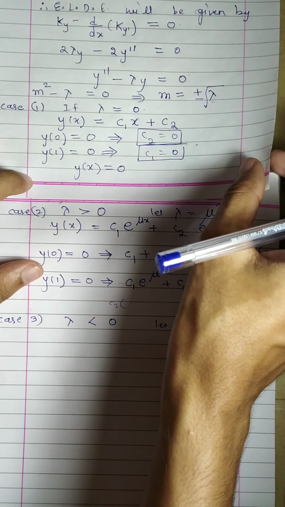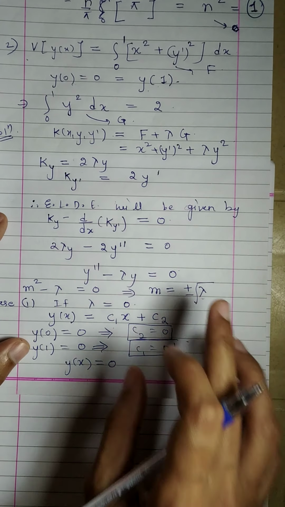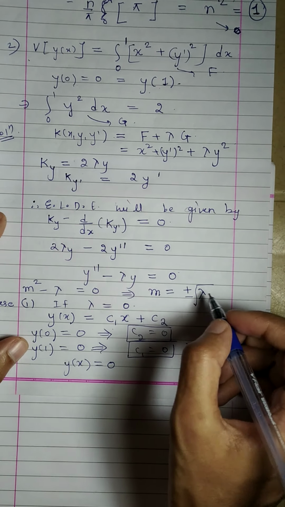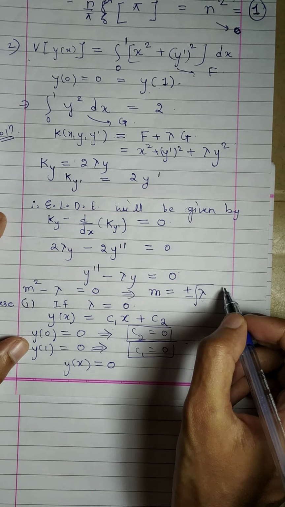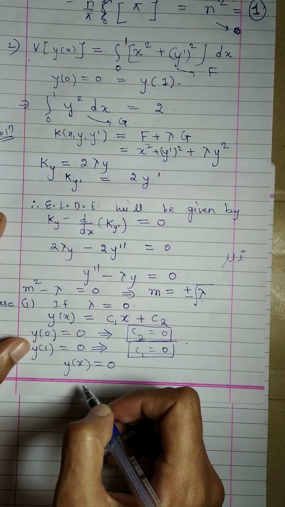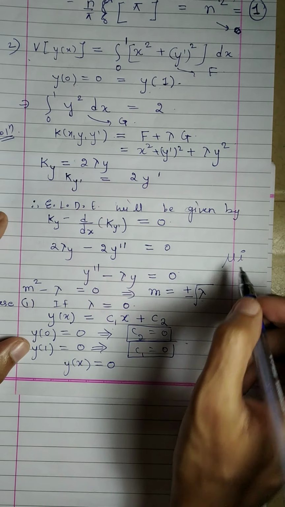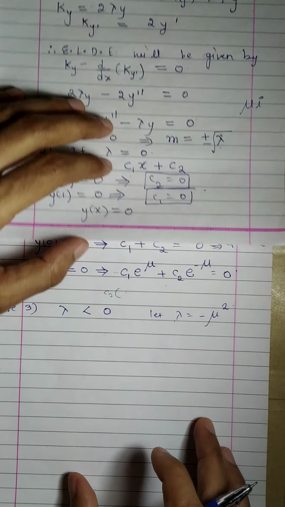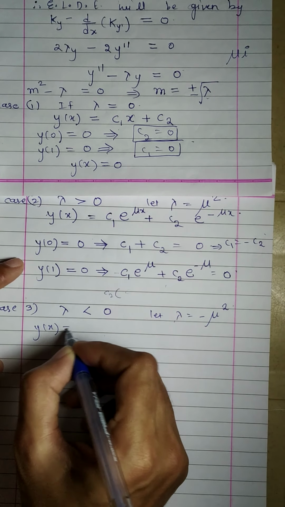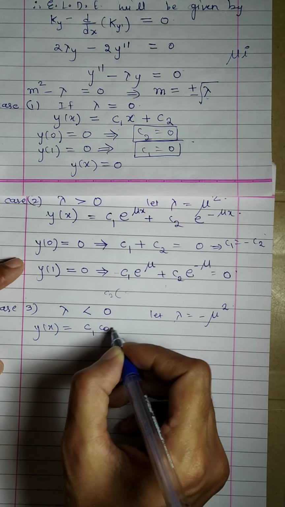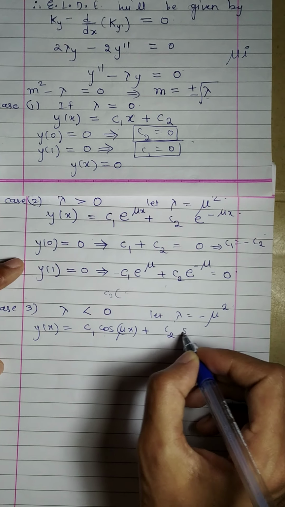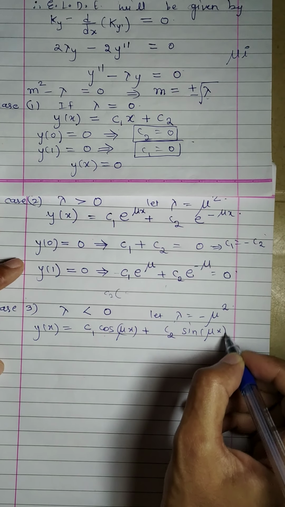In this case m is equal to plus or minus mu into i. Under this case the solution y of x will be of the form c1 cos of mu x plus c2 sin of mu x.